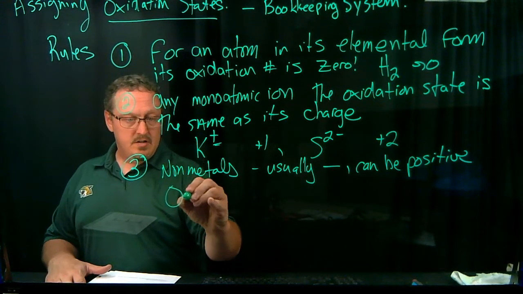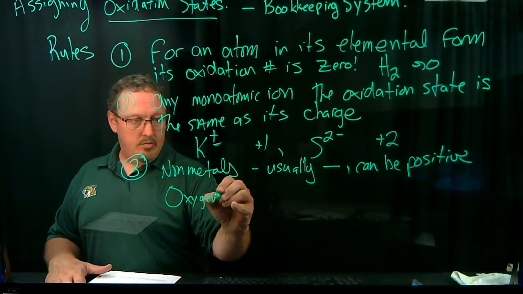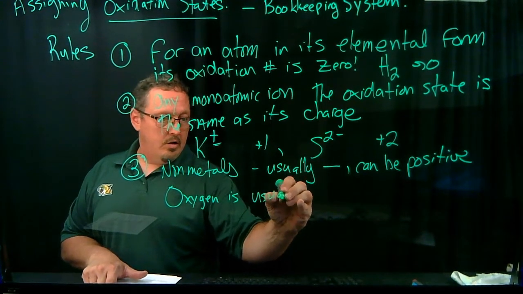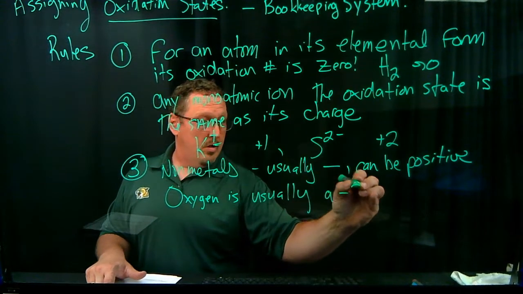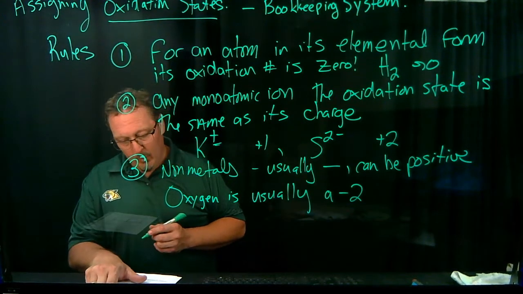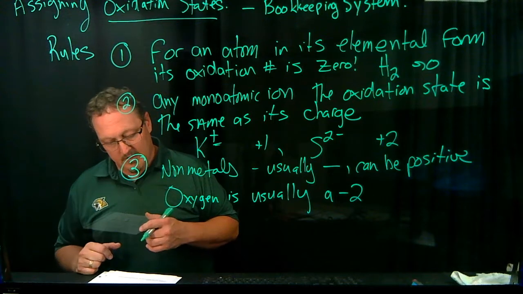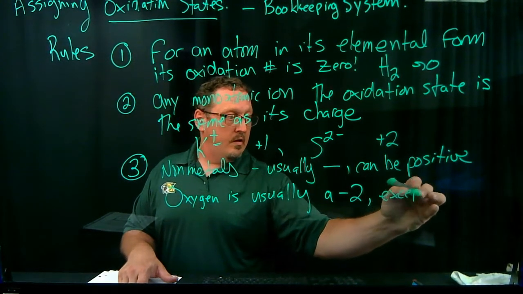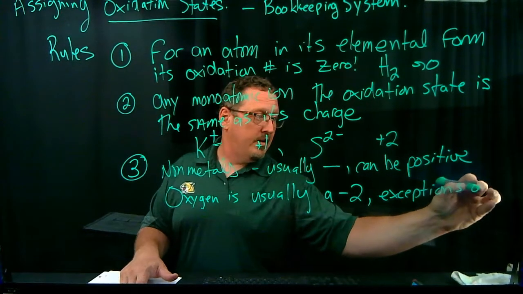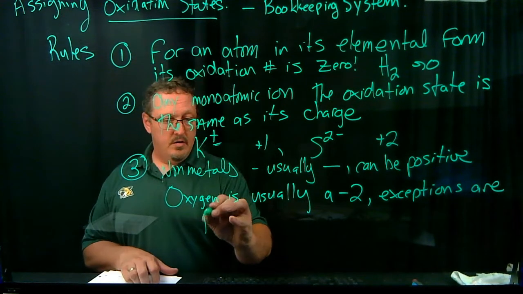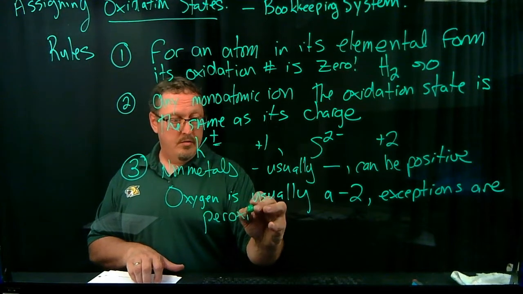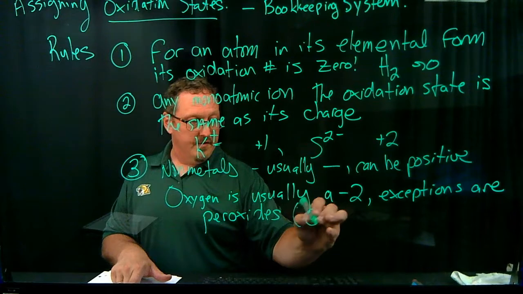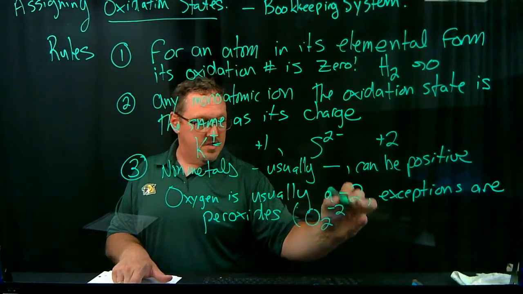So we're going to break these down by element. So oxygen is usually a -2 oxidation state, okay, in both ionic and molecular compounds. Exceptions are peroxides, in which oxygen looks like this, O2 with a -2 charge.